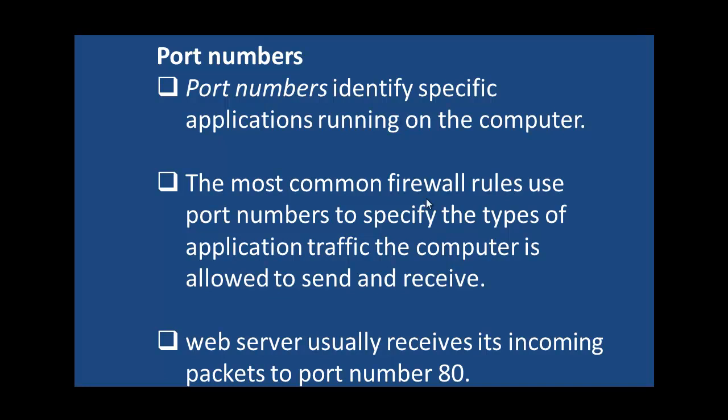The most common firewall rules use port numbers to specify the types of application traffic the computer is allowed to send or receive. For example, HTTP port 80 is used by the web server. That's how your web server will receive its incoming packets to that port number.